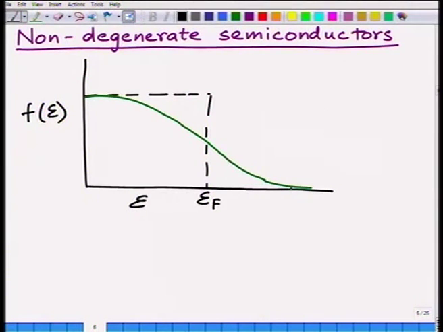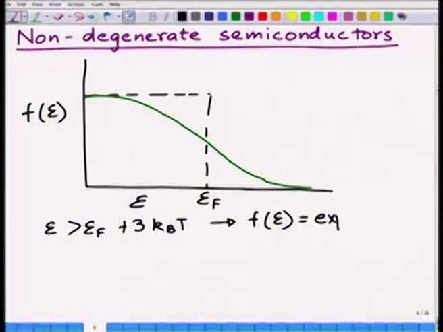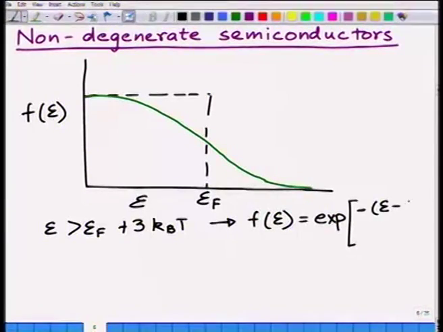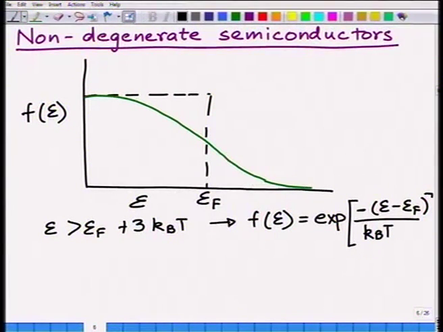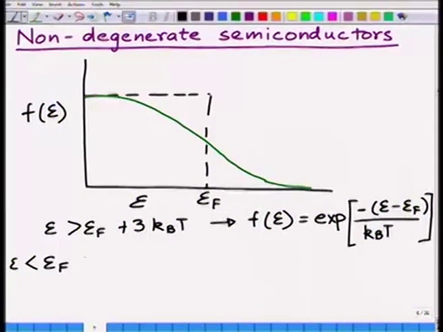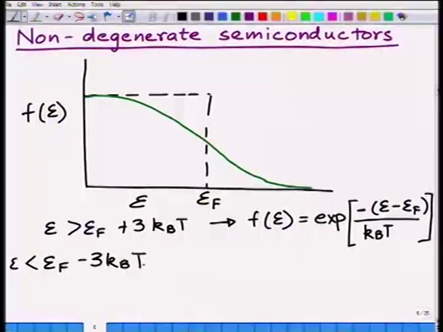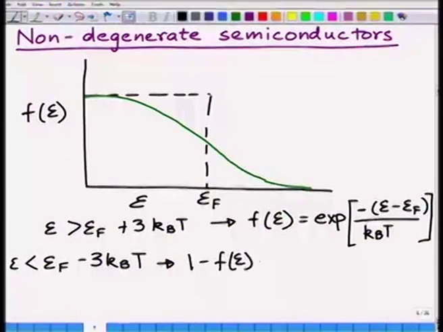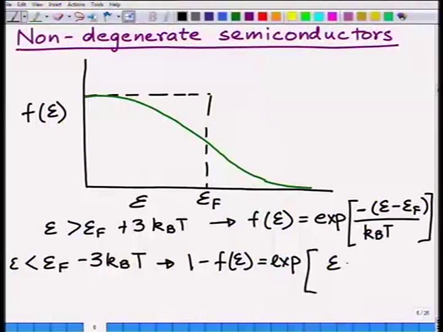For E greater than Ef plus 3 kBT, we had approximated f of E as being equal to e to the power minus (E minus Ef) by kBT, and for E less than Ef minus 3 kBT, we had approximated 1 minus f of E as being equal to e to the power (E minus Ef) by kBT.